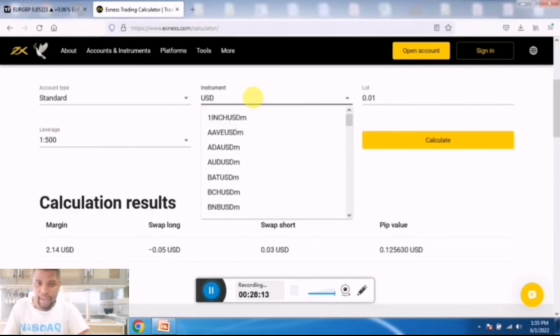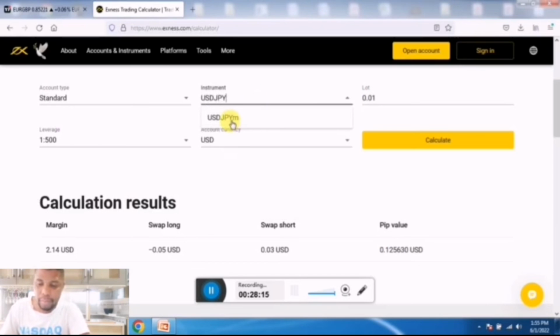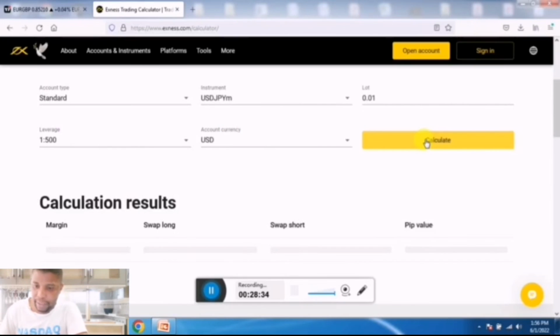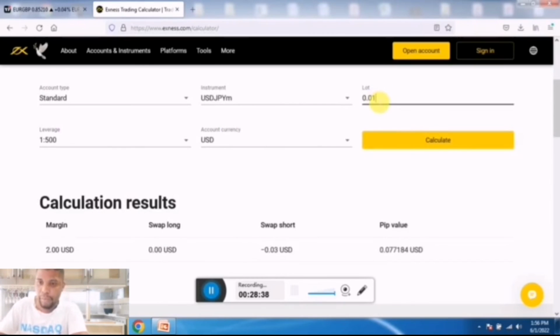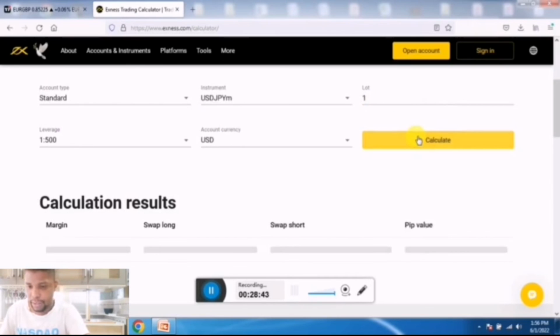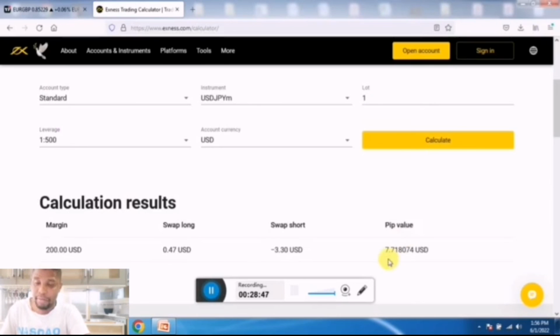Let's do USD JPY. You see USD JPY has a base currency of the US dollar and a code currency of the JPY. So you'll see that the PIP value will be a little bit smaller than the others. For standard lots, you see it's 7 for USD JPY.